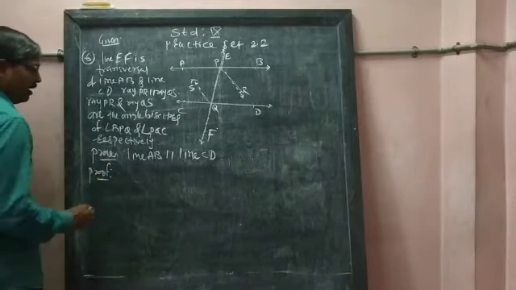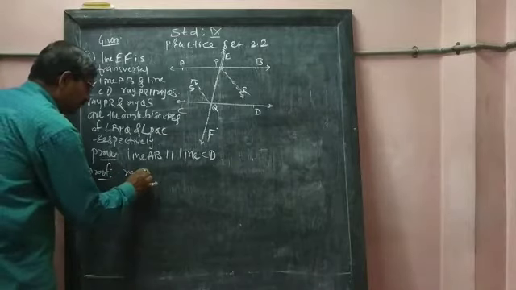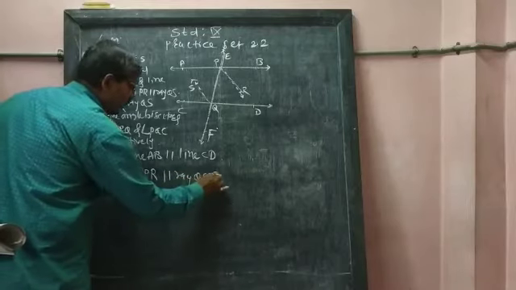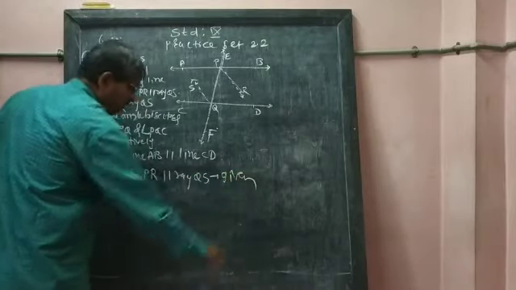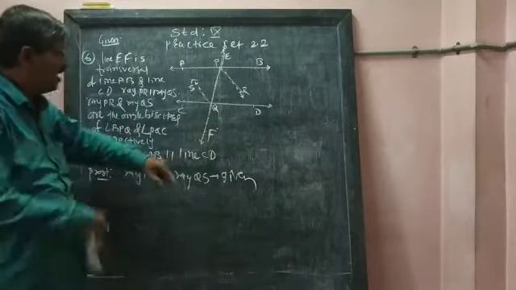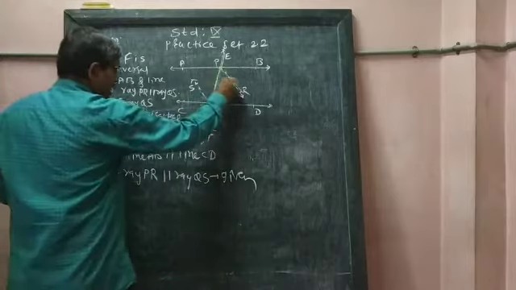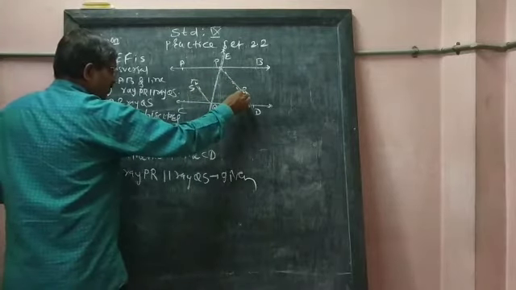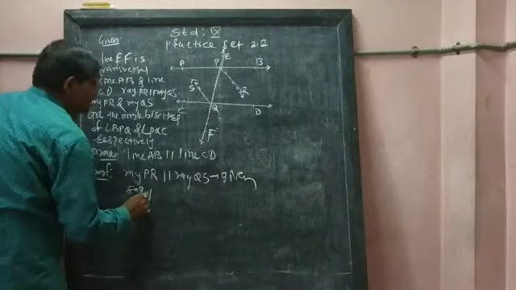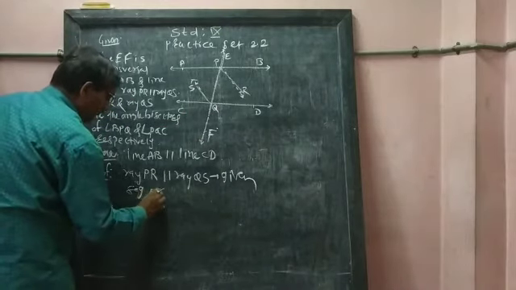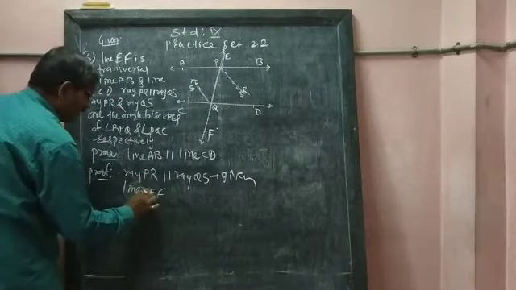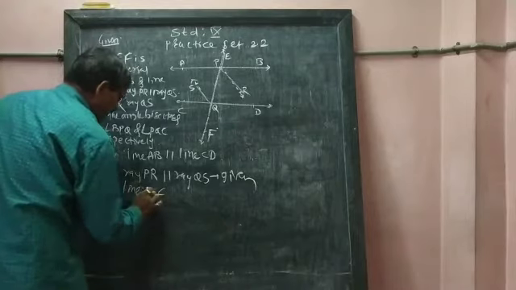Proof: ray PR is parallel to ray QS, this is given, and line EF is the transversal.